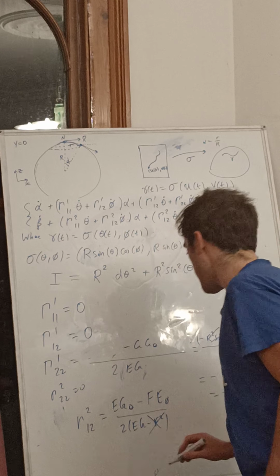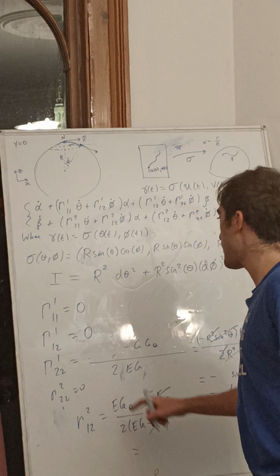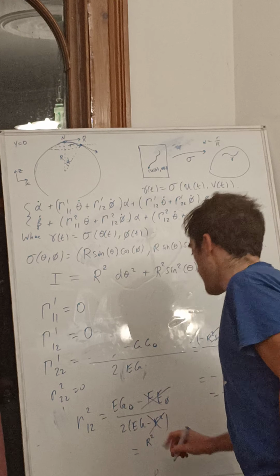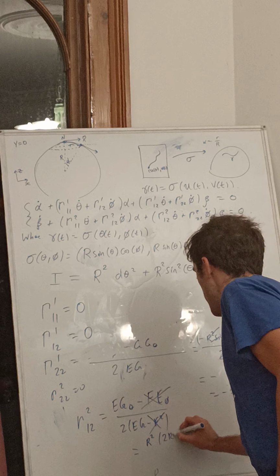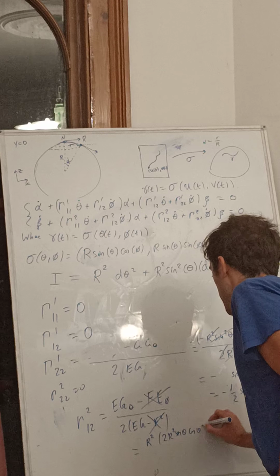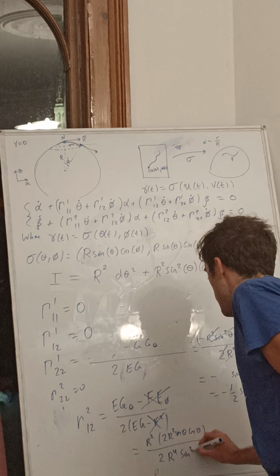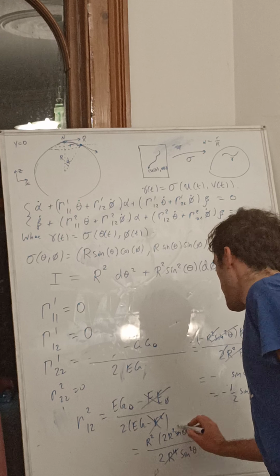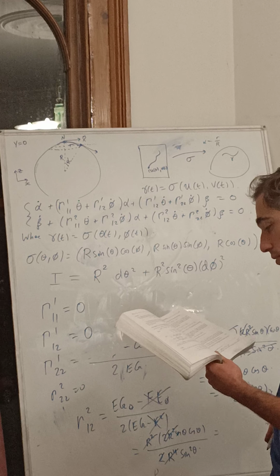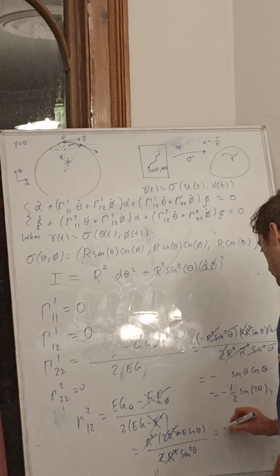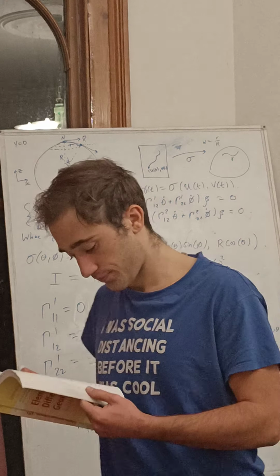F vanishes, and this right here is r squared. This right here is again 2r squared sine theta cos theta, divided by 2 r to the 4 sine squared theta. So this again cancels, and we're left with cotangent of theta.